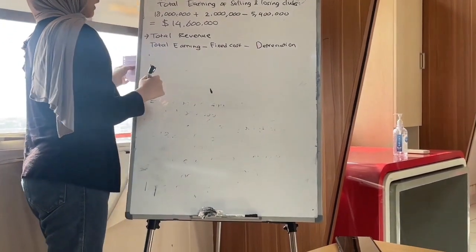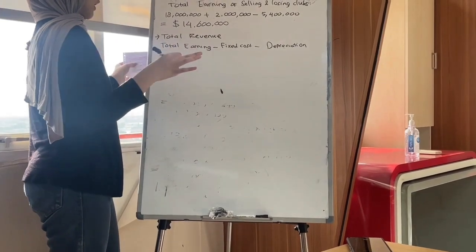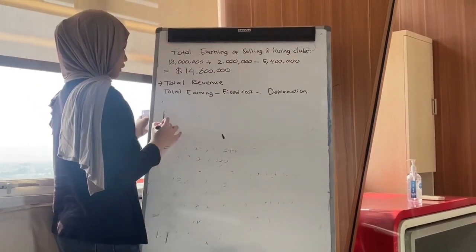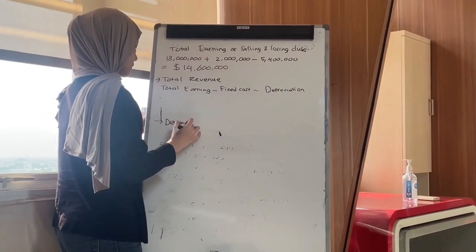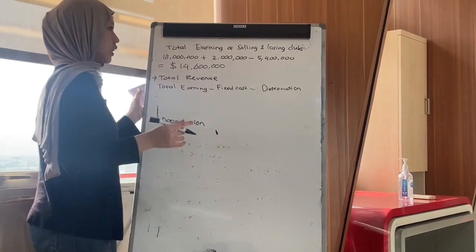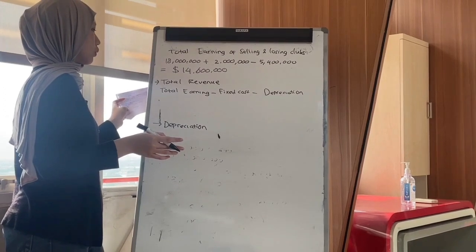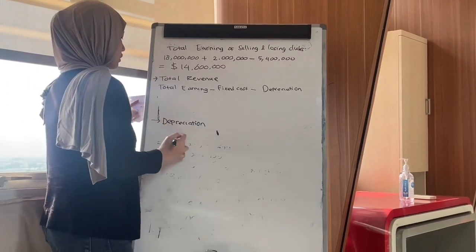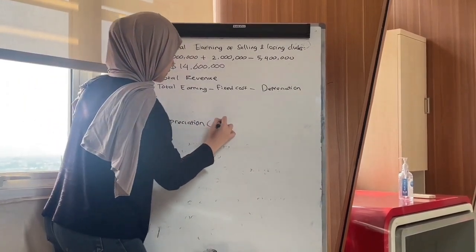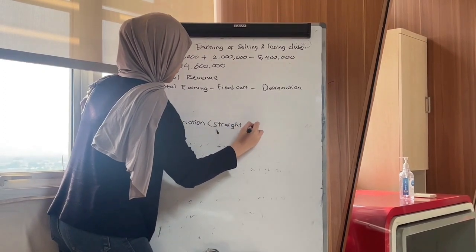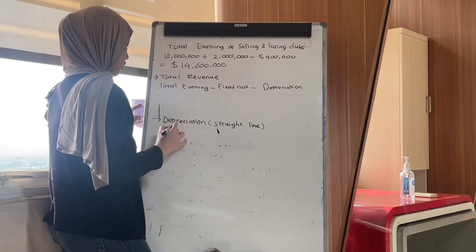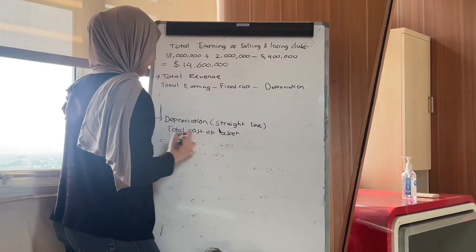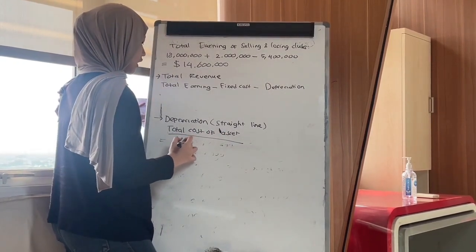Since we don't have any information about the depreciation expense yet, we have to calculate it, because in the study case, we are told that the depreciation is straight-line depreciation. So the formula is the total cost of asset divided by their useful life.